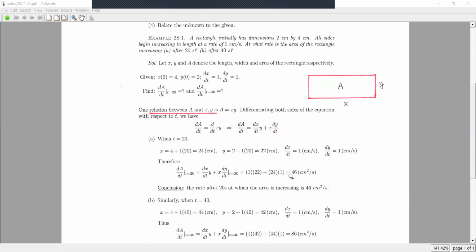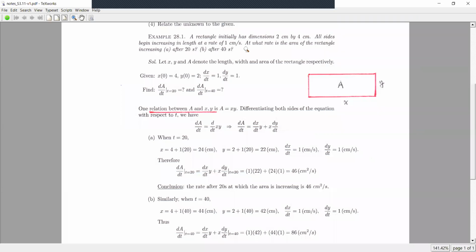So the sum is 46, and the units is cm square per second. Conclusion: the rate after 20 seconds at which the area is increasing is 46 cm square per second.